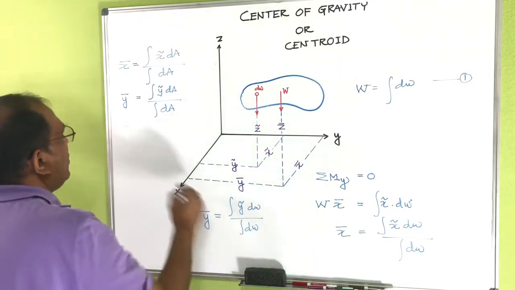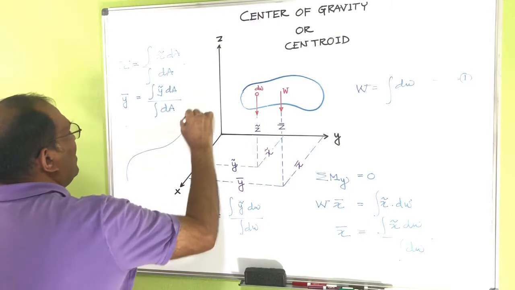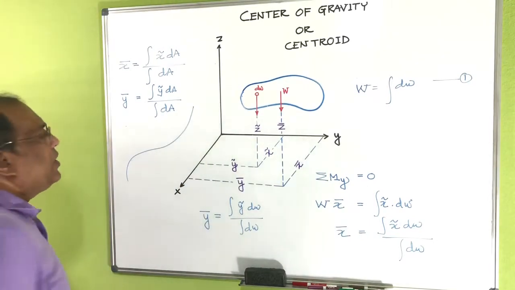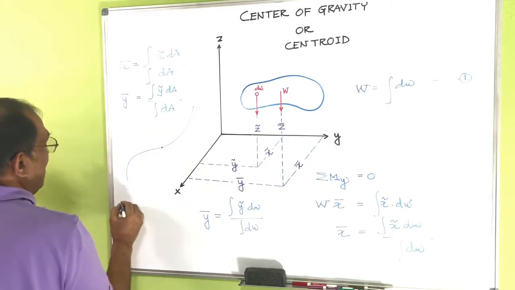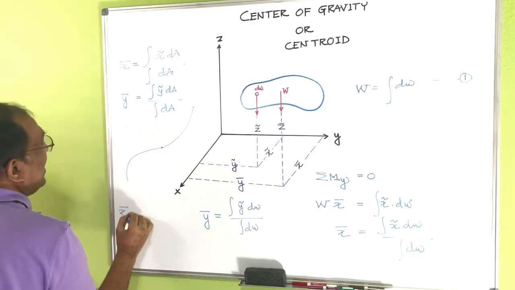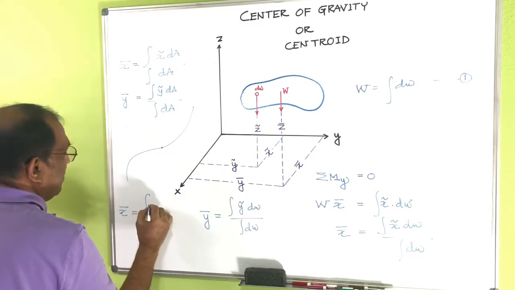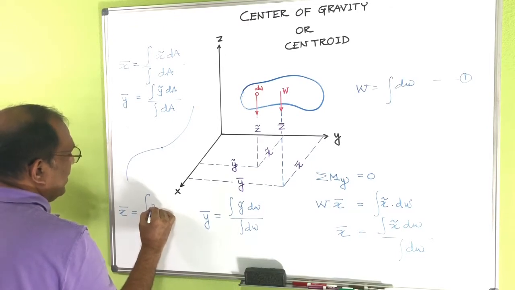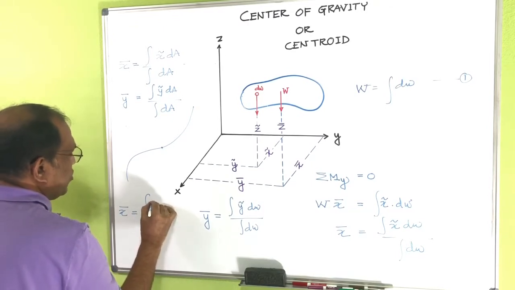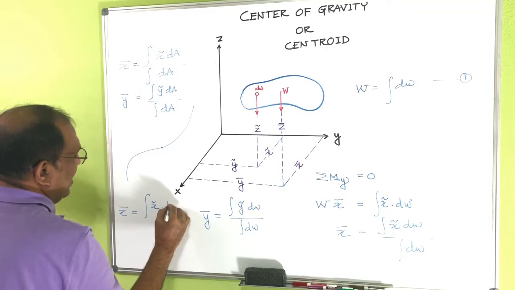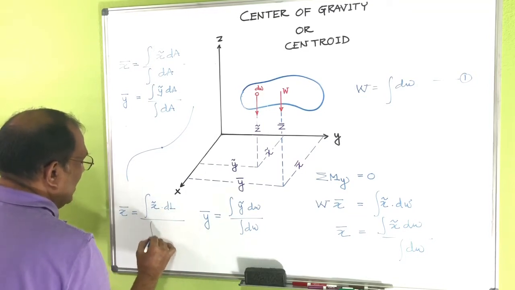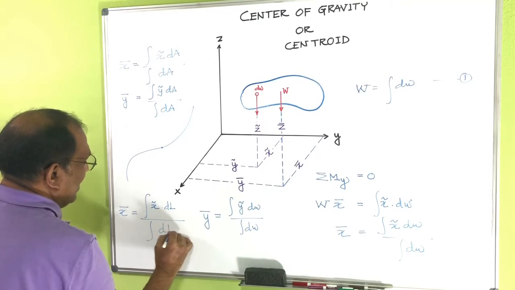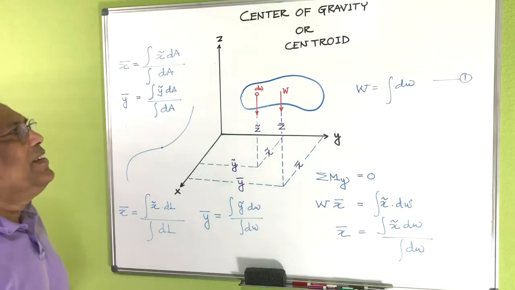Now, if you think about a line and you want to find the centroid of that line, then your x bar has to be the integration of x tilde dL, where dL is the small length, divided by the integration of dL.